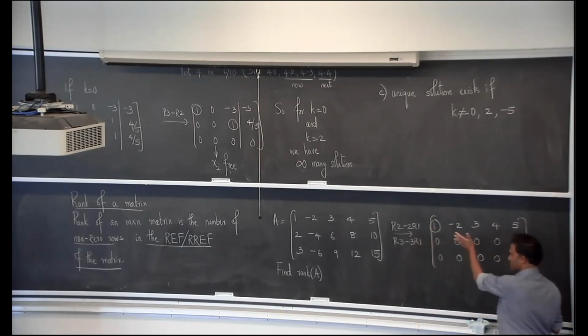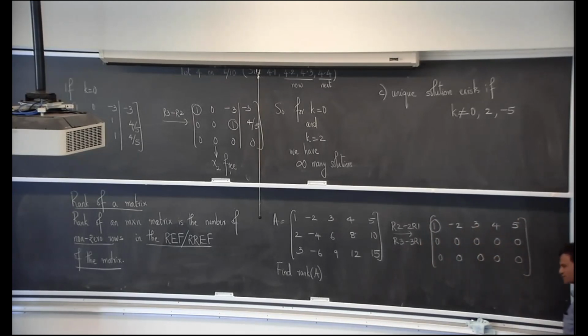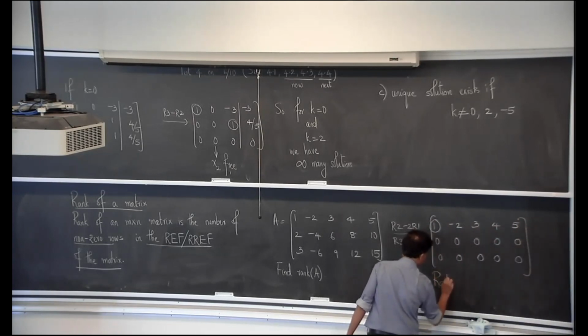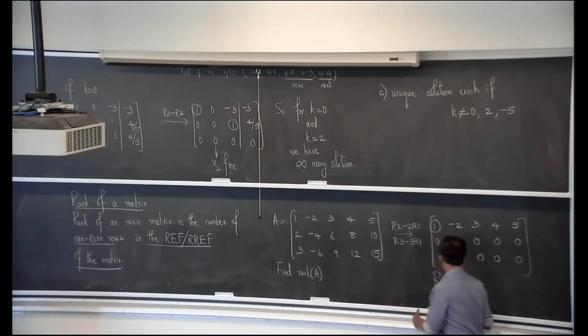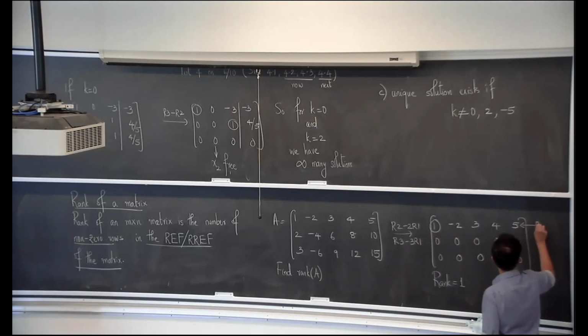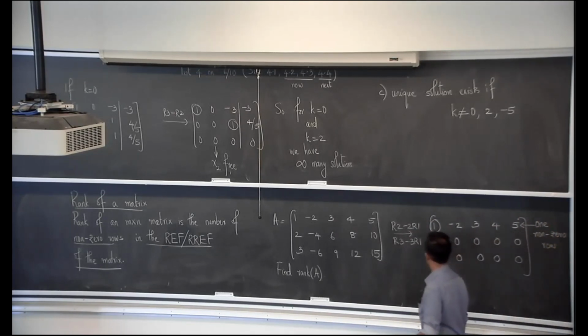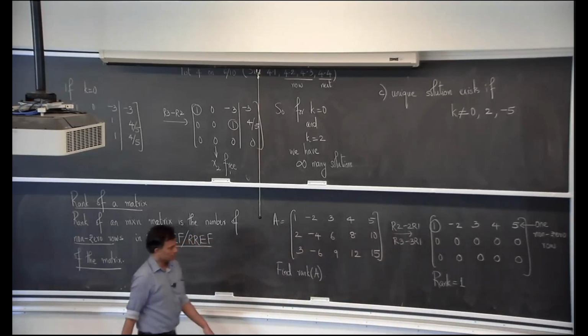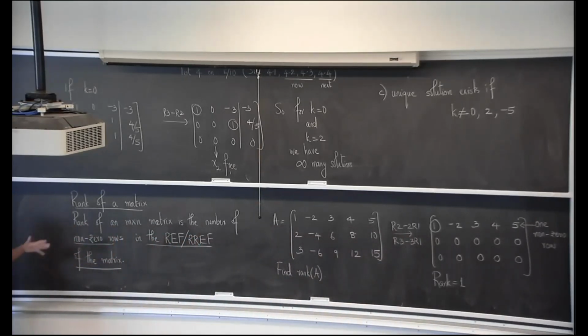That's an REF because there's a 1 up there and 2 rows full of zeros. You're counting the number of non-zero rows, not the number of zero rows, so the rank is 1. Rank is a positive integer. You shouldn't be having ranks like 3.5 and so on. It's counting the number of things. This is 1 non-zero row. So as long as you don't make the mistake of just counting the given matrix as such, you're okay.